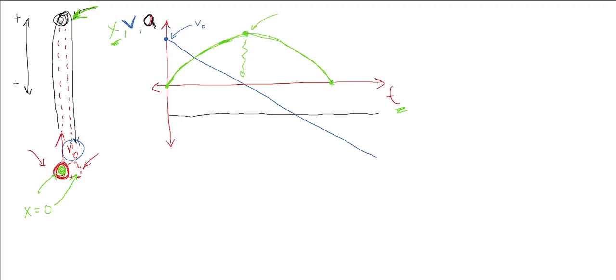And then it starts going back down towards our hand, just after leaving the hand and just prior to returning to the hand. And this would be the max height.